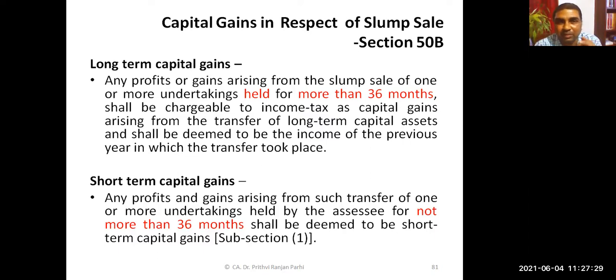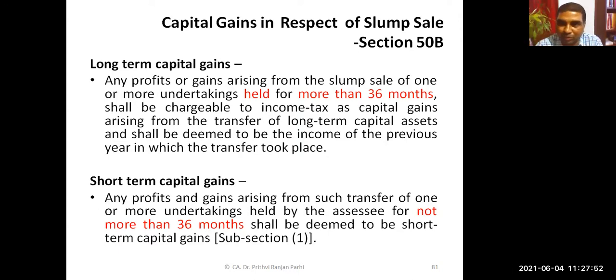Sometimes businesses are transferred as a slump sale. Slump sale means not an individual asset, the entire business is sold. Suppose individually you are acquiring some asset, but slump sale means the entire business, or one entire undertaking, is purchased. In that case, how to know whether it is long term?